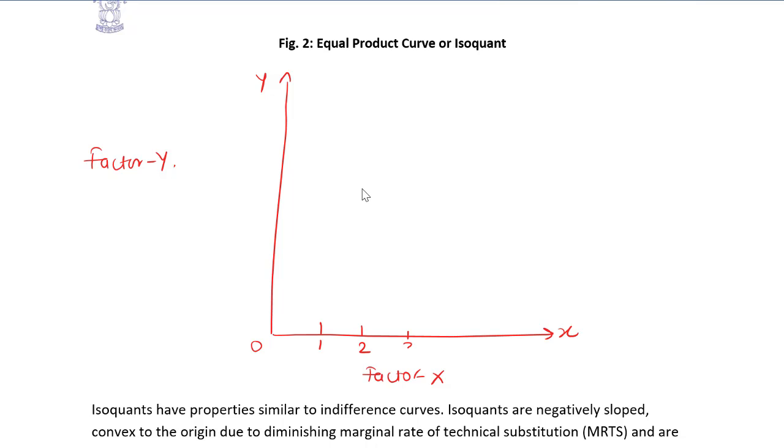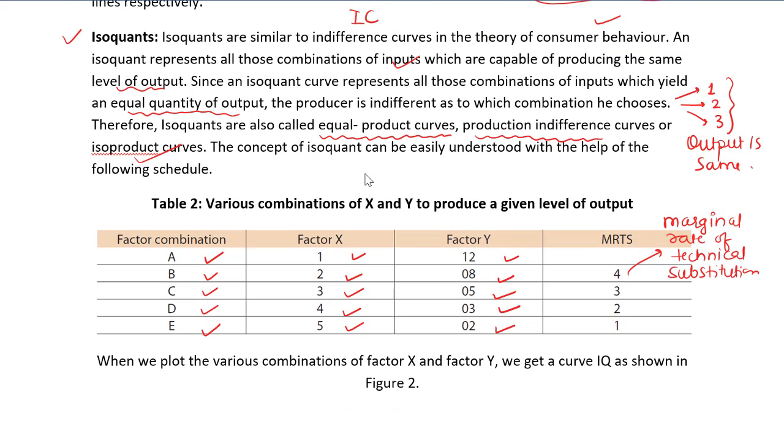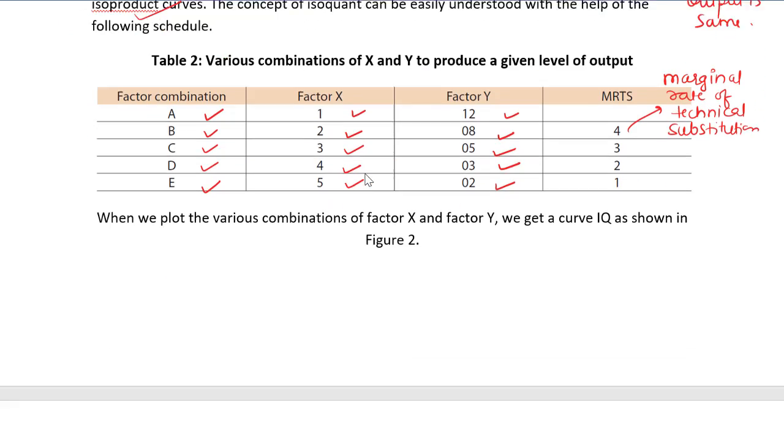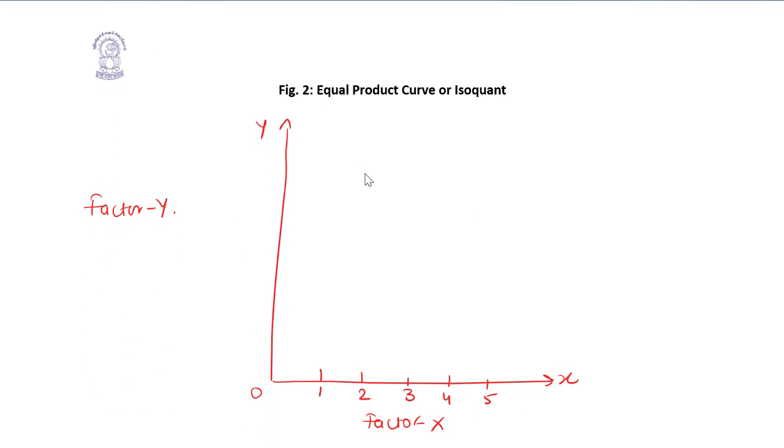Factor y: 2, 3, 5, 8, 12. The y axis runs 1, 2, 3, 4, 5, 6, 7, 8, 9, 10, 11, 12.